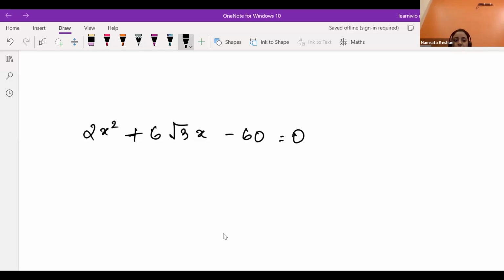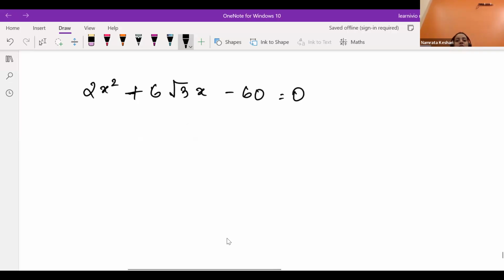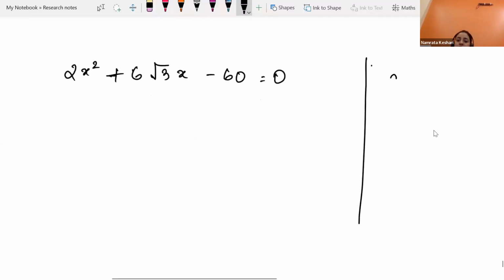Let's do it. So first we try finding what is a, what is b, what is c. A is plus 2, B is plus 6 root 3, and C is minus 16. Now we do the multiplication of a with c. That is 2 into 16.